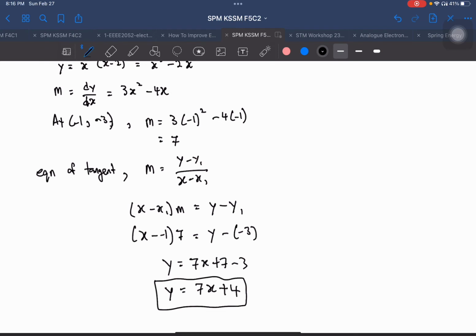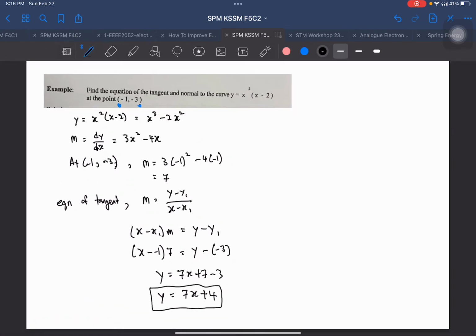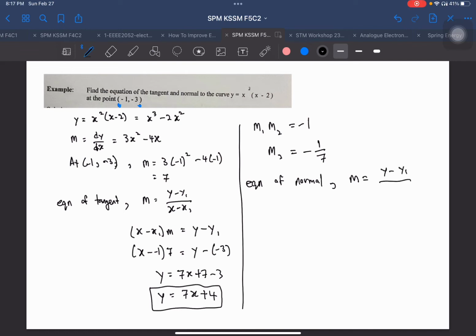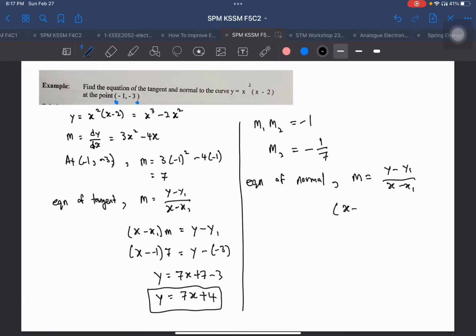Now you want to find the equation of the normal. First, you need to find the gradient of the normal. Using m1 m2 equals negative 1, m2 equals negative 1 over 7. For the equation of the normal, we use the same steps. Given a gradient, just sub in the values.